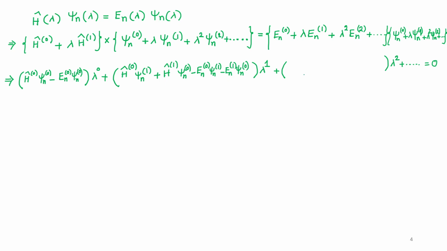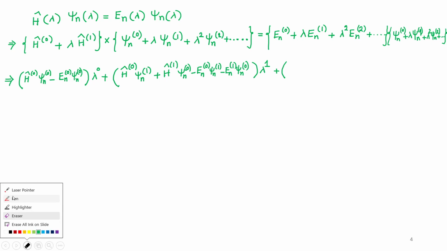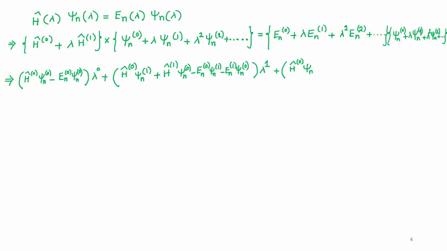What about the part related to lambda square? I know we are going to have a little far more parts here, so I will first write it. Obviously we will start with the 0th order Hamiltonian and psi n second order.